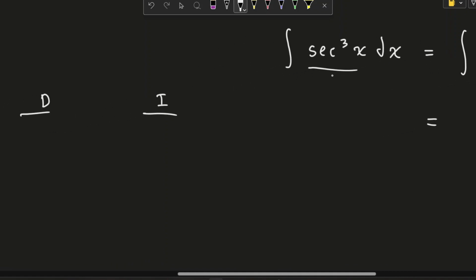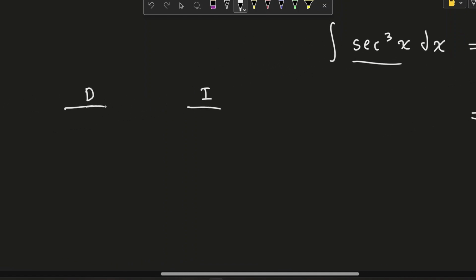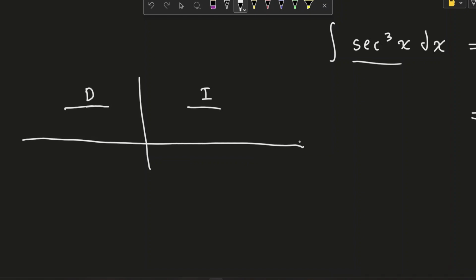Now in this case there are two columns, which is D and I. Normally we choose which to differentiate first, but in this case it's a bit different. In this case we'll choose based on ease, because integrating a function is way more difficult than differentiating.